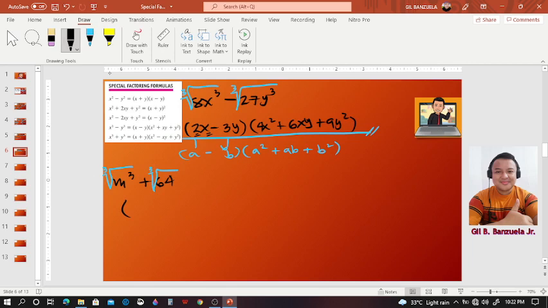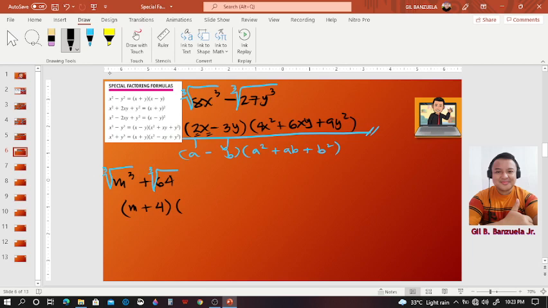Of course, we need 3 m's. So, the cube root of m cubed is m. Then plus the cube root of 64. What times what times what equals 64? Let's see. 4 times 4, 16. Times 4, 64. So, the cube root of 64 is 4.